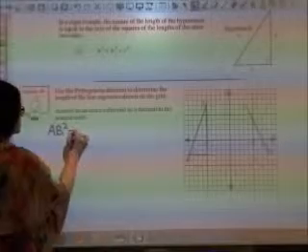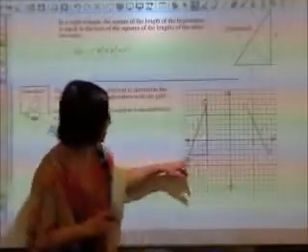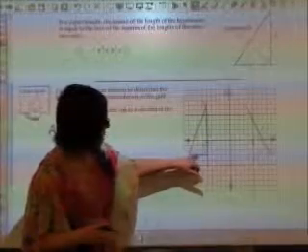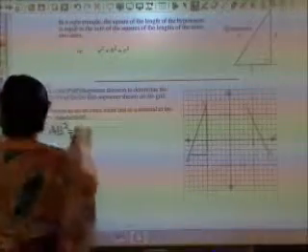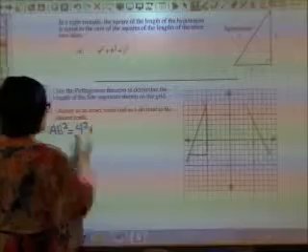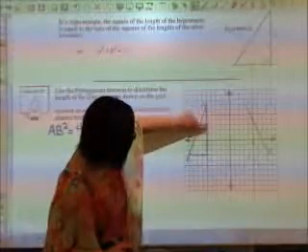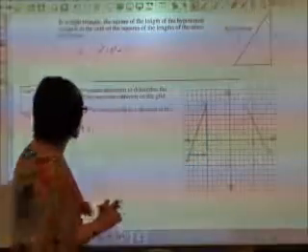So AB squared, the diagonal squared, is going to equal this side squared, which is 1, 2, 3, 4 units, plus the vertical length squared, which is 2, 4, 6, 8, 10 units.